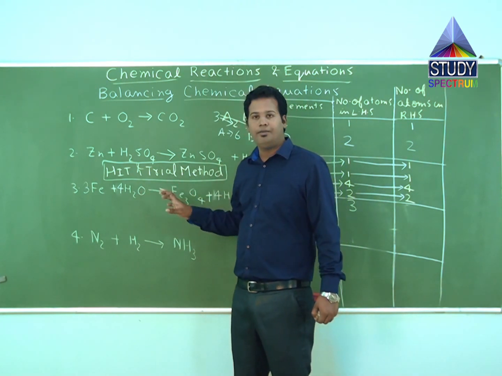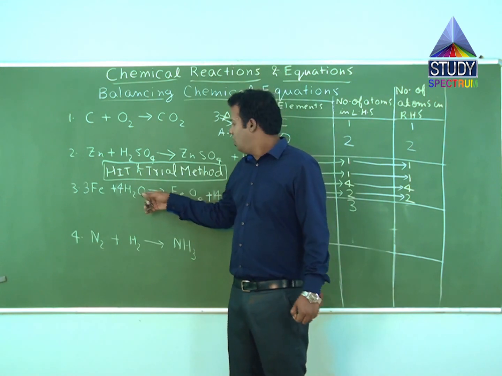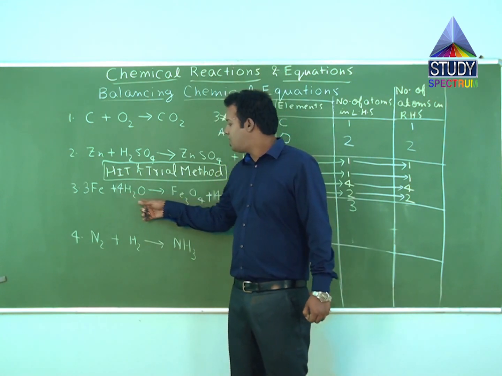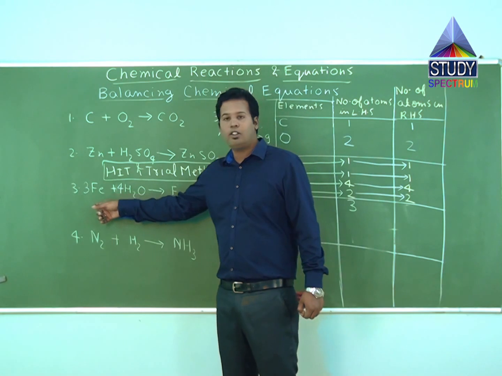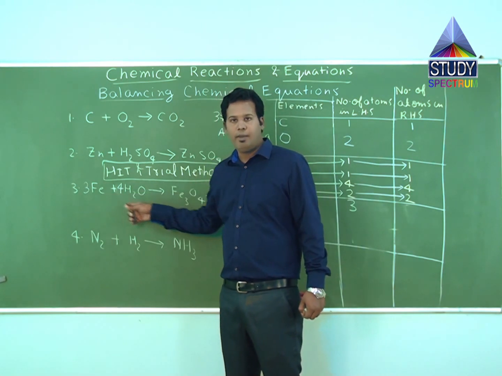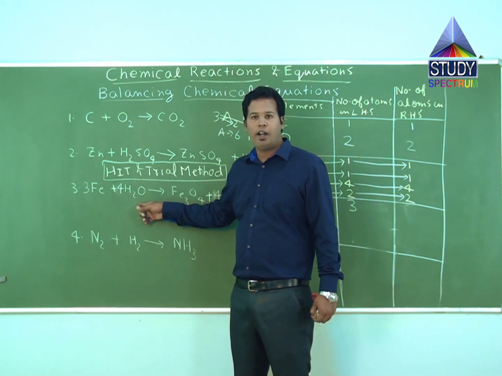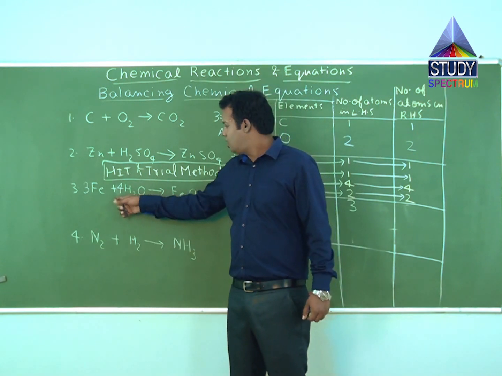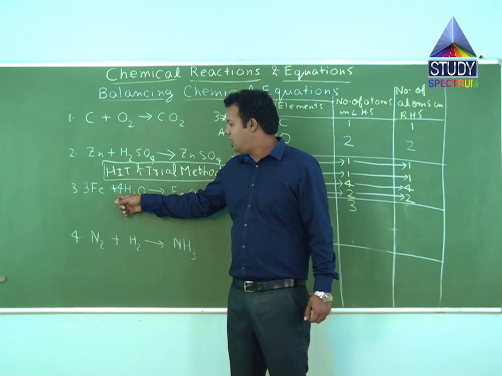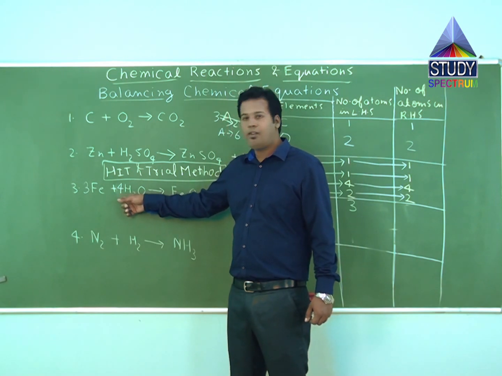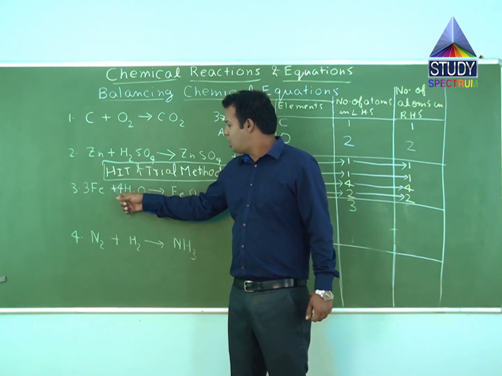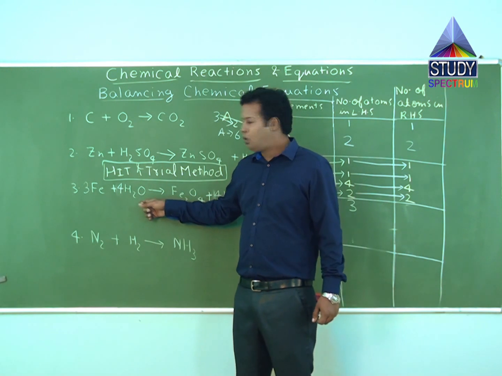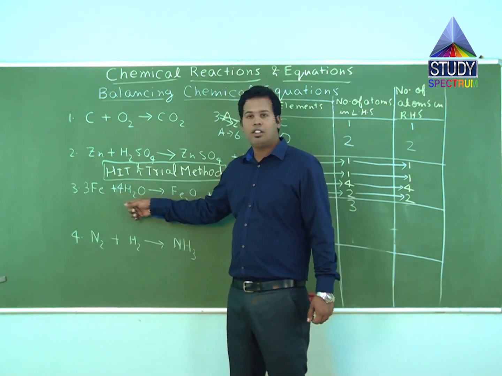Now moving further, let us calculate the number of hydrogen atoms and oxygen atoms. With iron we are done in LHS. Now hydrogen is present only in the second reactant, it is not present in the first reactant. It means I can calculate the number of hydrogen atoms only from the second reactant. Now seeing this reactant, you can see 4 written in white over here. 4 is the coefficient of this compound, 2 is the suffix of hydrogen in this compound.